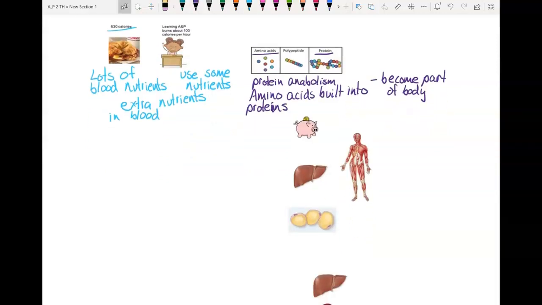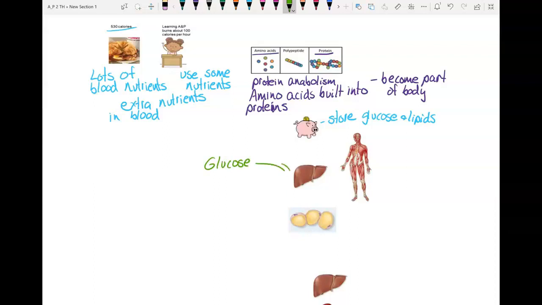When it comes to glucose and lipids, those are the ones you store. So the piggy bank here represents storage. You store your glucose and your lipids. Glucose gets stored in your liver and your skeletal muscles.